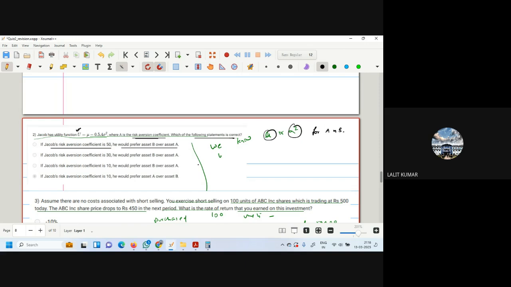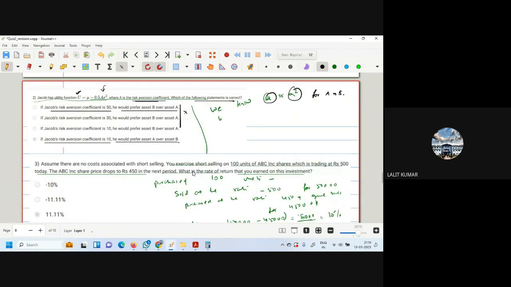In all the cases, A is greater than B. If it is 10, he would prefer asset A over asset B. So we have to put in those values which we just found out in question 1 to find this.